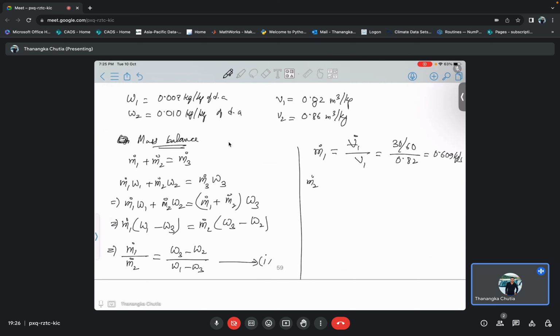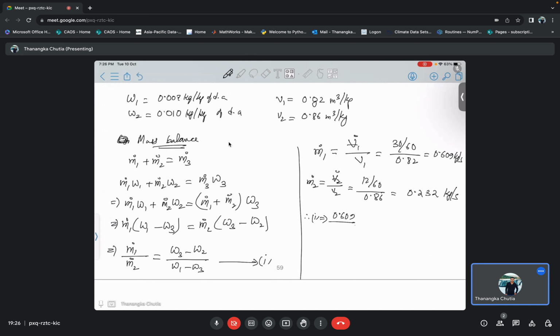Similarly, m2 dot will be nothing but v2 dot divided by v2. So v2 dot is 12 by 60 divided by 0.86, and if you put this, you will get 0.232 kg per second. So therefore equation 1 now implies what?